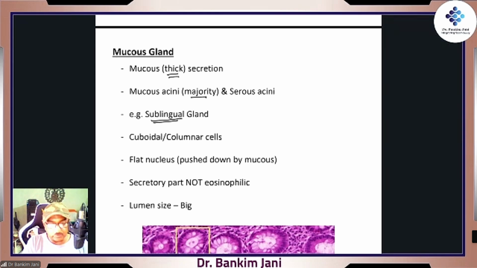So when it is mucus, here it is cuboidal or columnar cells. Remember, over there it was pyramidal cells, right? Over here, these are cuboidal or columnar cells. These are the cuboidal.